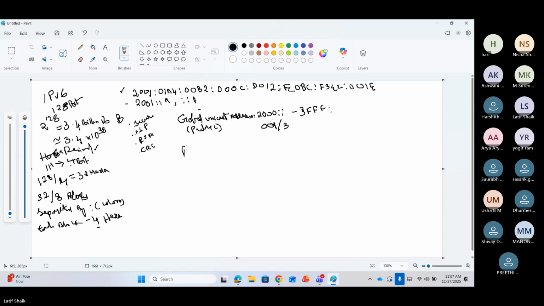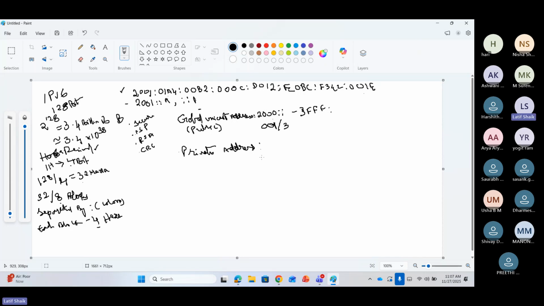Next is the private IP address range. Private IP addresses are not routable in public. They are useful only within an organization. Private to private is routable, but private to public, direct routing is not there.